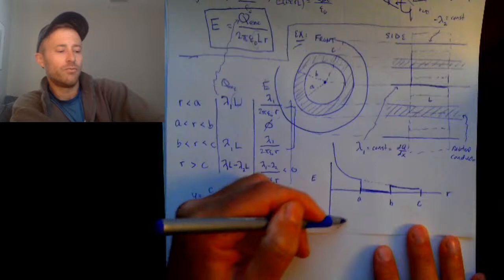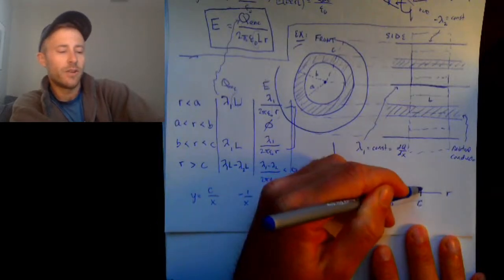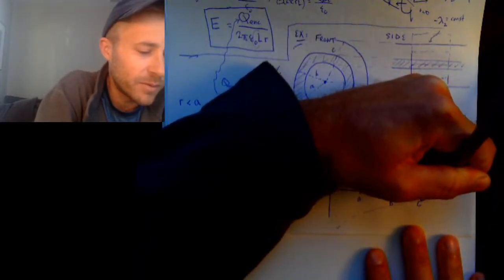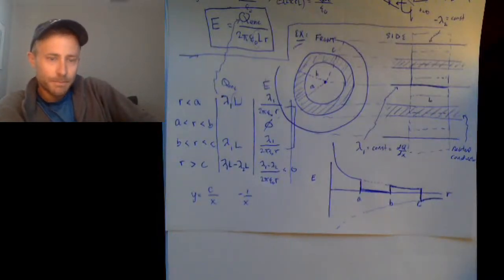So the graph jumps down and starts coming up from negative infinity. That's what our graph is going to look like.